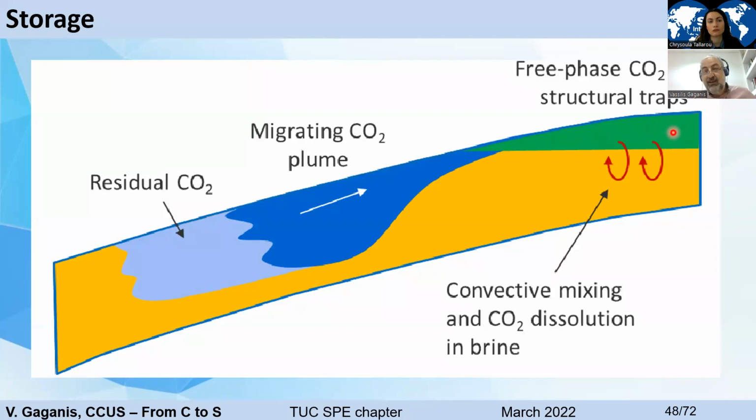That means simply that CO2 will get dissolved into the water, if we're talking about the saline aquifer. So if CO2 now gets dissolved in the top layer of the water, that means that that film, that layer, will become heavier. If it is heavier, it will go down.